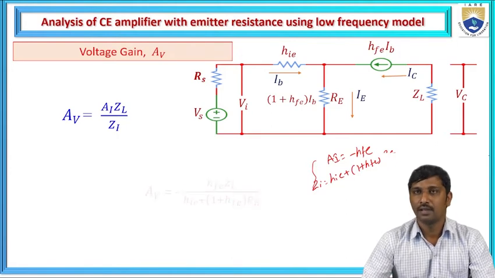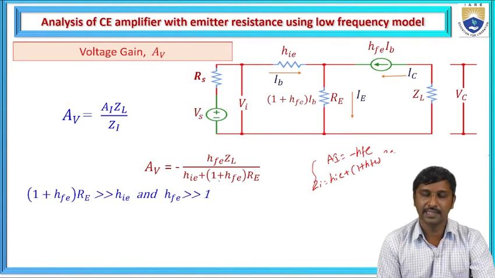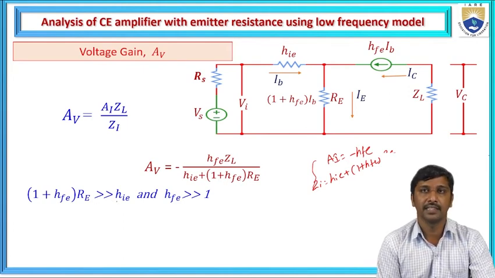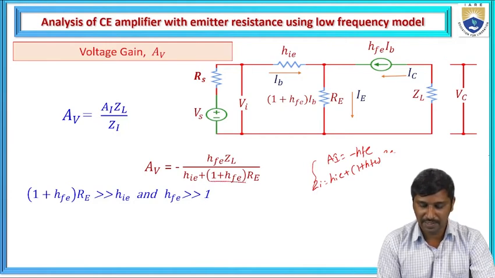Hence, let us assume that (1 plus hfe) times RE is much greater than hie, and again assume the hfe parameter is much greater than 1. Under this condition, we can neglect hie in the input impedance.